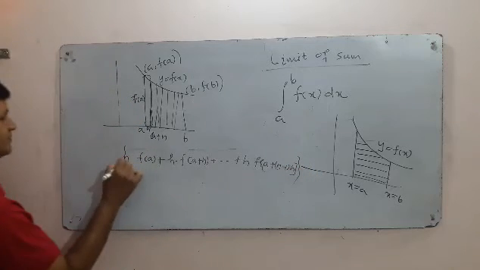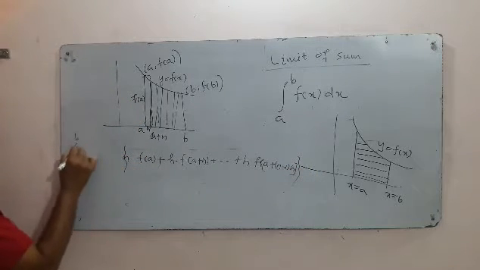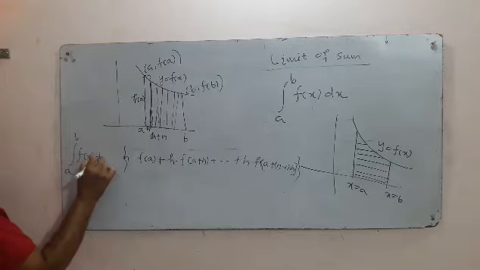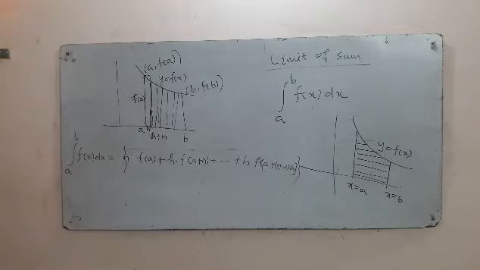This is the portion of the area bounded by y is equal to f of x and x is equal to a and x is equal to b. This is called the limit of sum.